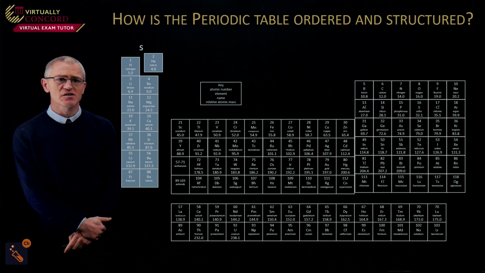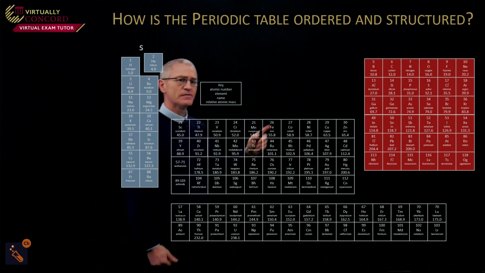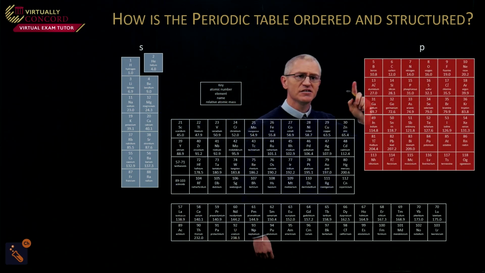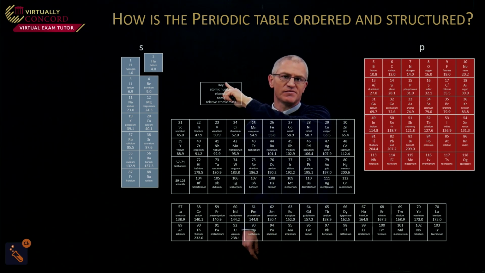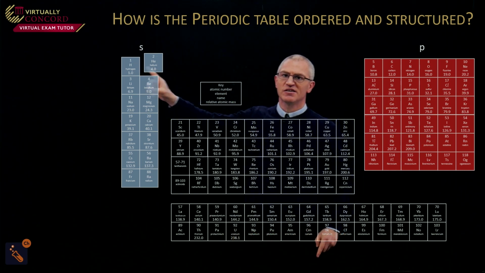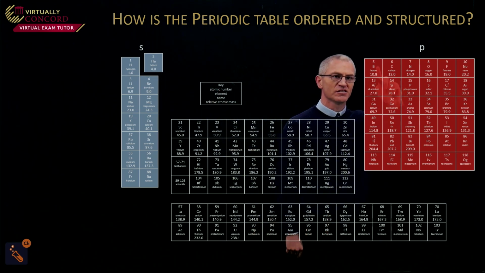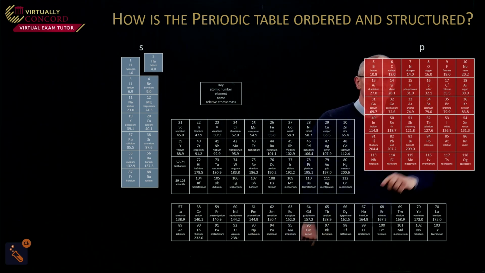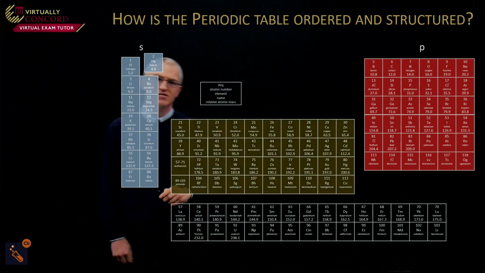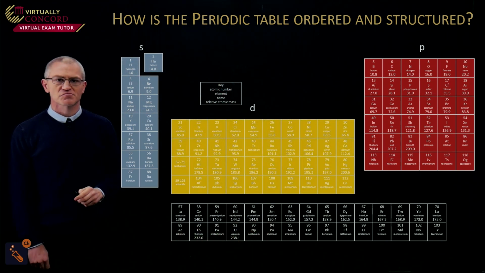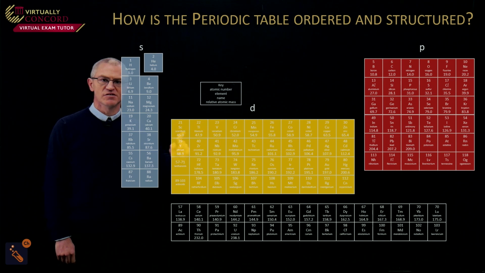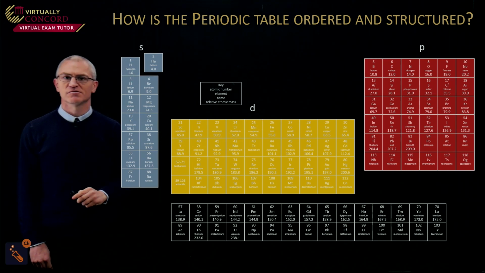And then we've got the big block on the right-hand side, which is the P. You notice I talked about boxes. I said if you have 2 boxes here, so we've got 2 boxes, that means we're adding 2 electrons as we go across. We've got 6 boxes here, so we're adding 6 electrons as we go across. We then go to the D subshell, which has 10 boxes, so adding 10 electrons as we go across.